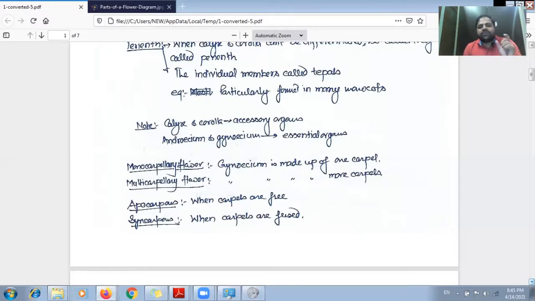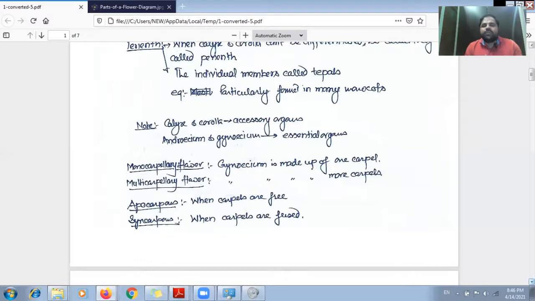So if a flower has a single carpel, then the flower is called monocarpellary. And if the flower has two or more carpels, then the flower is called a multicarpellary flower.